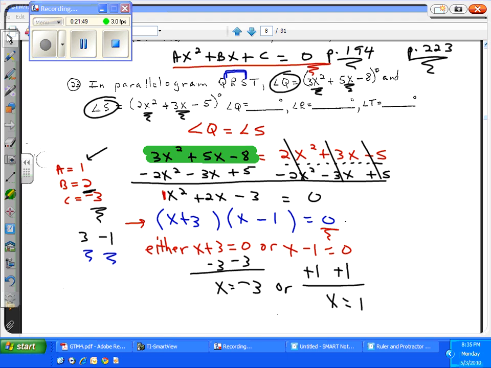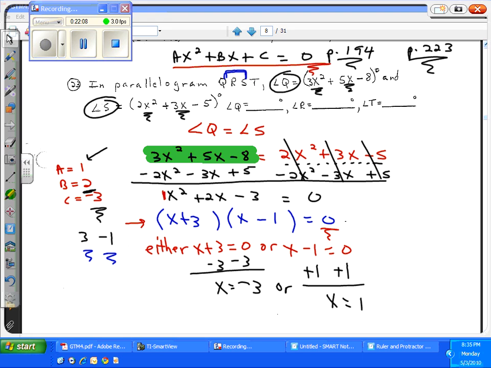Now, we don't really know which one it is yet. You may think, well, you can't have a negative answer. You can't have a negative answer for distance or for length or for angle measure. But x is just a variable that's a part of that whole degree.